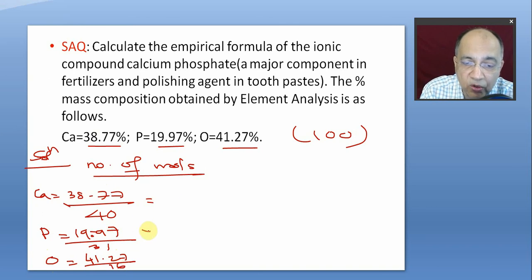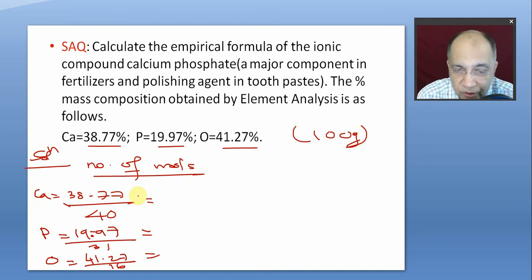So once we know the number of moles in 100 grams, then we can make it the simplest ratio by dividing the minimum out of the 3 with all the 3. So one of them will be 1 and others will be the simplest ratio.